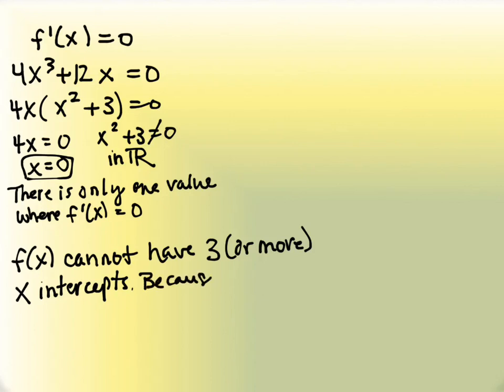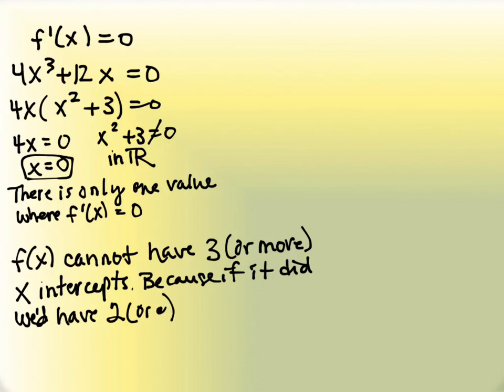Because if it did, we'd have 2 or more, I'll put that in parentheses because that's still an option, places where the derivative equals 0. Do we have 2 or more places where the derivative equals 0? We only have 1, right?